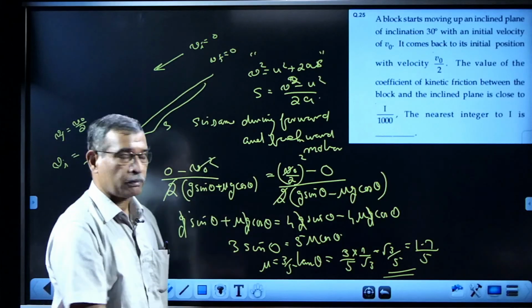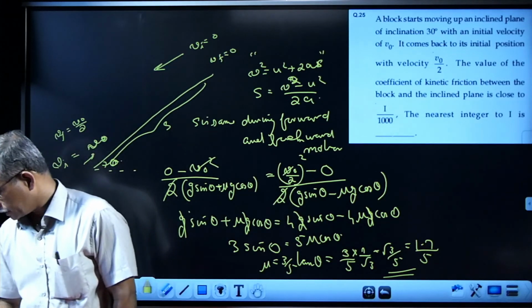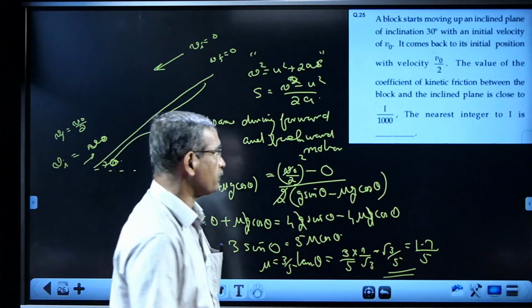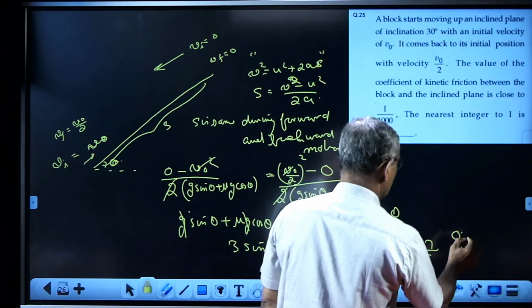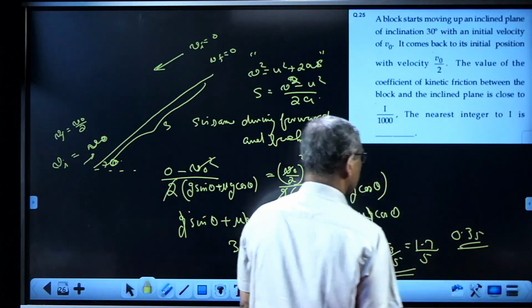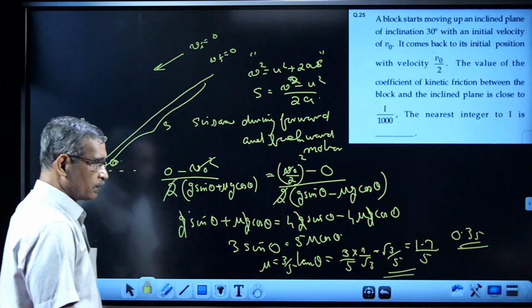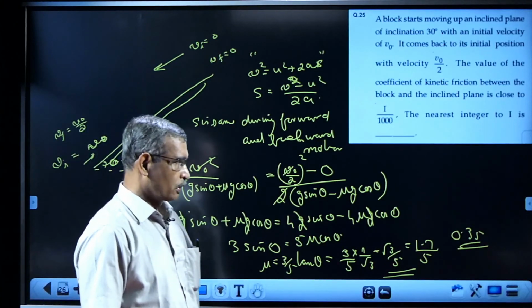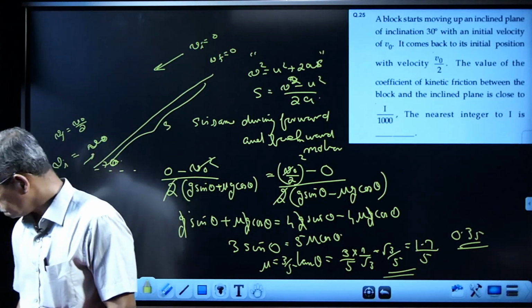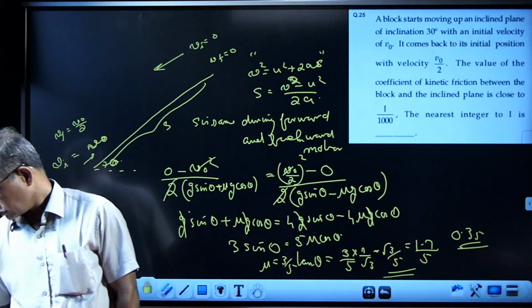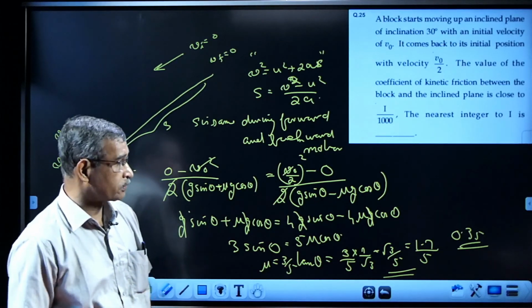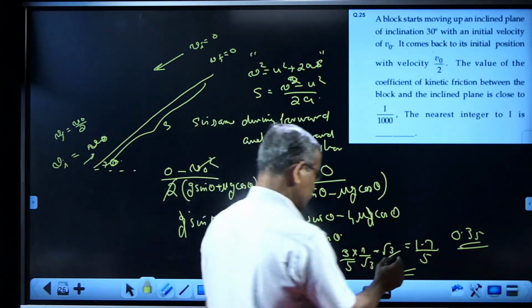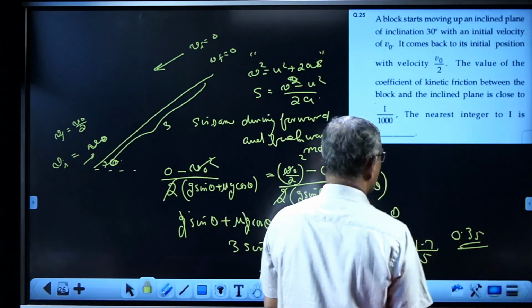Write it in that format and you get the value 0.35.